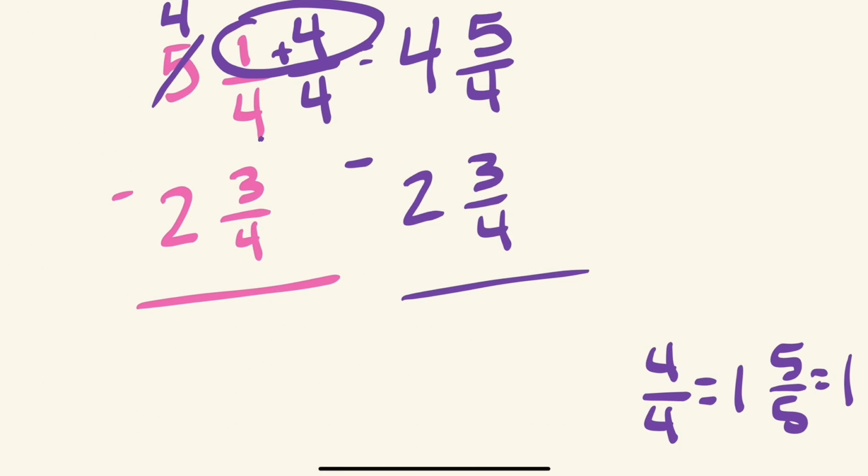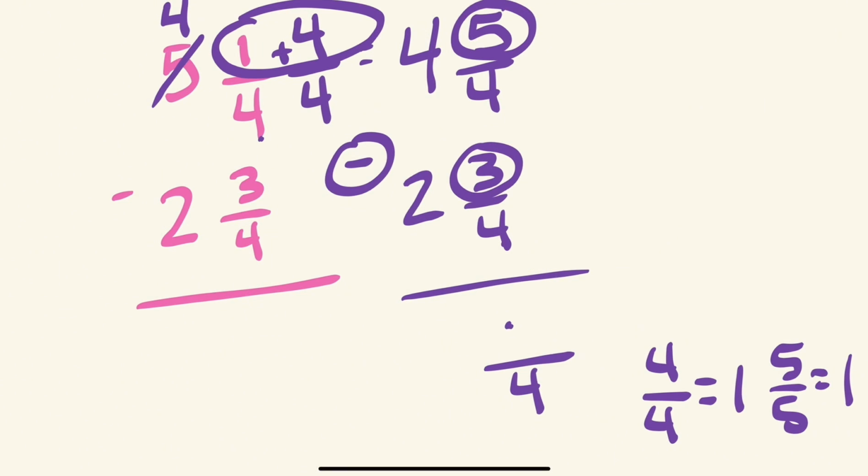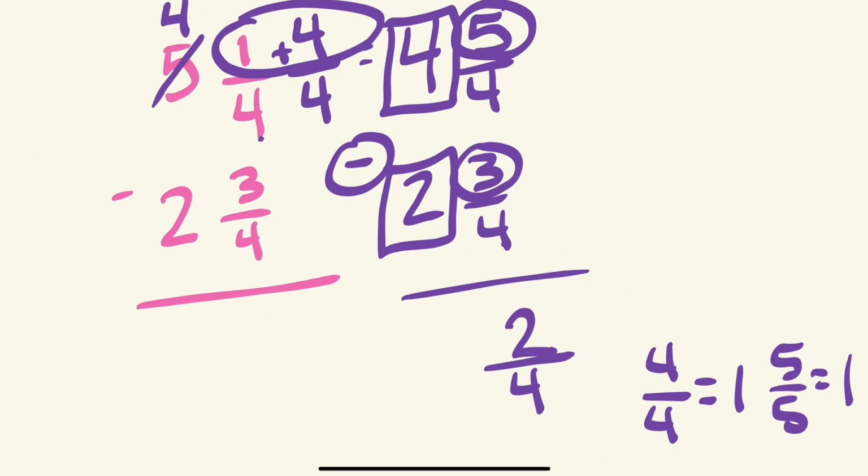We already know your denominator is going to stay the same. My numerator is 5 minus 3 equals 2. And then I go to the whole numbers. I have 4 minus 2 equals 2. Please make sure that you always simplify.